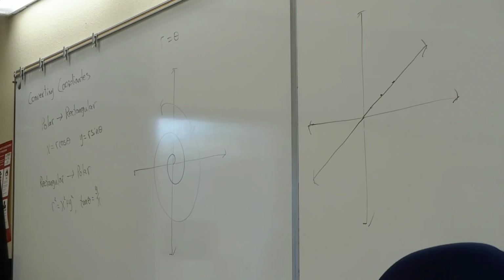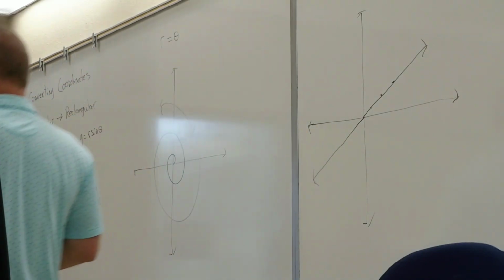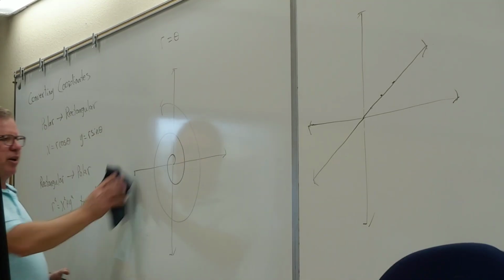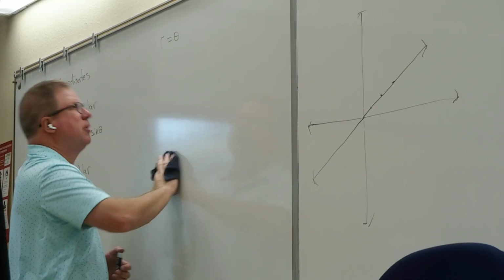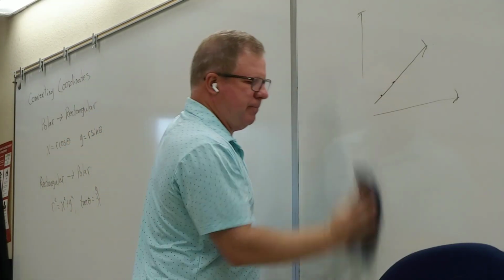Made a table and plotted points. That's what we're going to have to do in polar here, because unless you've studied this before, we don't have any clue with what we studied so far in here, what these are going to look like. Okay? So we're going to have to plot some points. And we're going to do one of those, and then we'll call it a day.